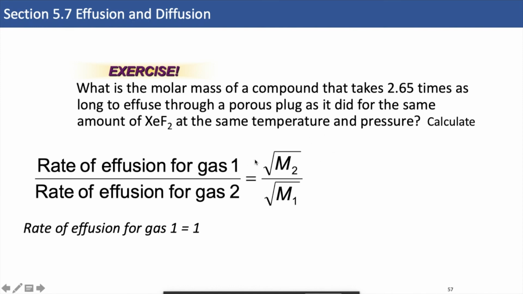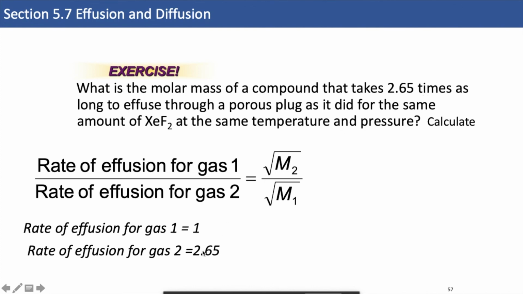So the first thing is, it doesn't matter whether you pick xenon difluoride to be your first gas on this, or if you choose the unknown gas that we're trying to calculate to be your number 1 gas. It doesn't matter, but I'm going to choose the rate of effusion for gas 1 to be equal to 1, and I'm going to say that the rate of effusion for gas 2 is going to be equal to the 2.65 here.